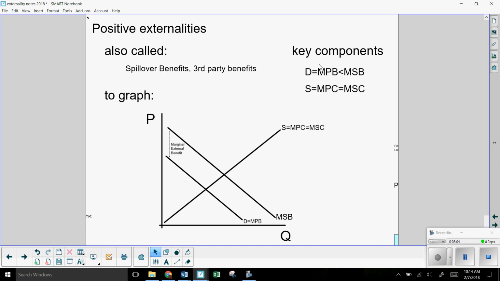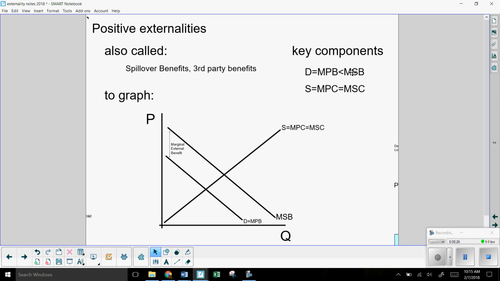Well, your analysis of that is going to incorporate the benefit you reap, but not necessarily the external benefit that your neighbors reap. Gosh, we wish that demand would behave like marginal social benefit over here, but that would only happen if you took into consideration the benefits others would get, not just the benefits that you get.